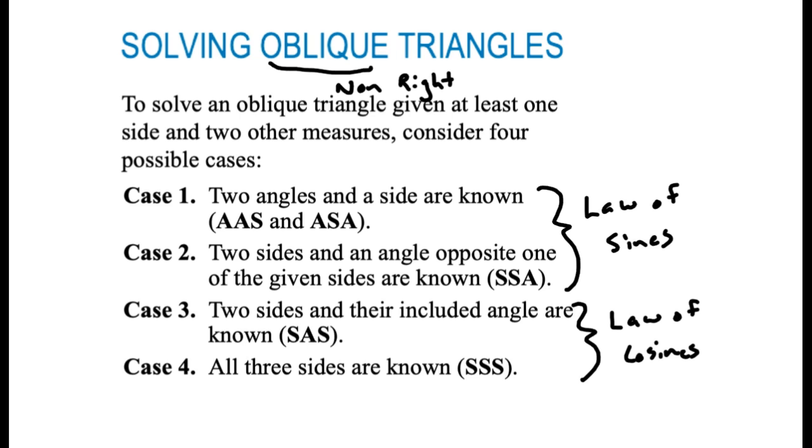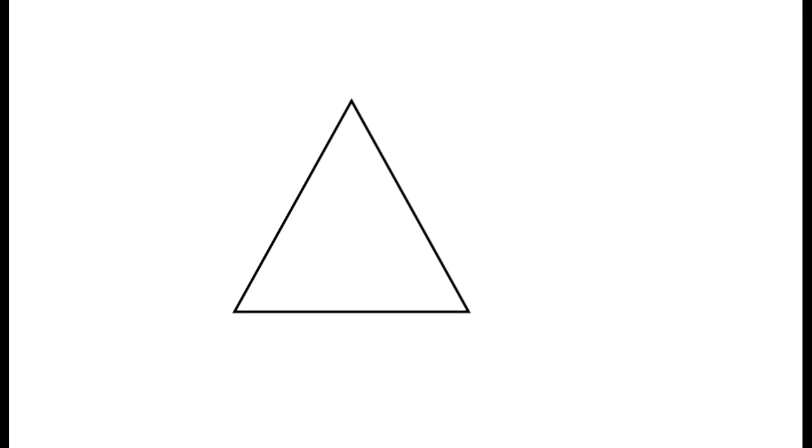All right. Now, before we start, let's just talk about general notation real quick. So in a triangle, generally we label the angles using capital A, B, and C. Then the sides opposite those angles, we use lowercase letters. So the side that's opposite angle A would be lowercase a.